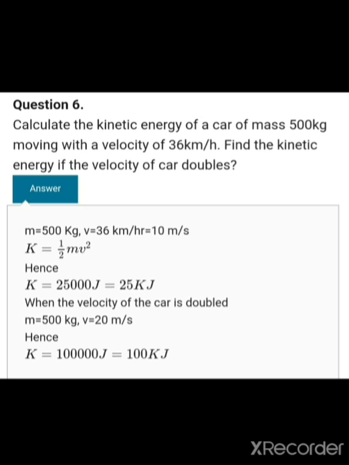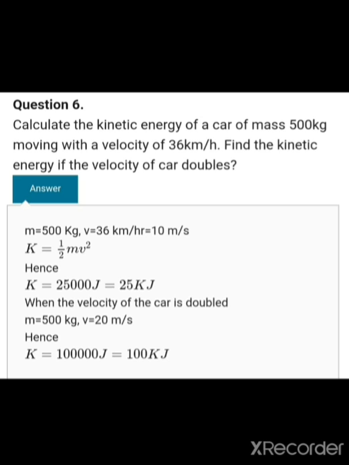I told you many times, always keep in your mind the SI unit. Here the speed is given in kilometer per hour, so we will first convert it into meter per second. When we convert kilometer per hour into meter per second, the new speed is equal to 10 meter per second.